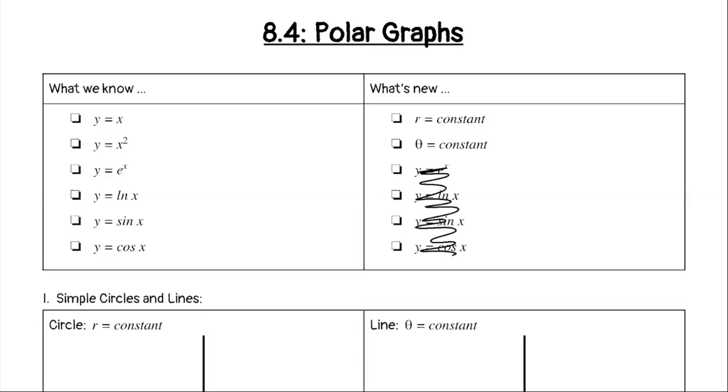So what do we know about y equals x? What does that look like? It is a line. Yes, it is. What do we know about y equals x squared? It is the parabola, yes.